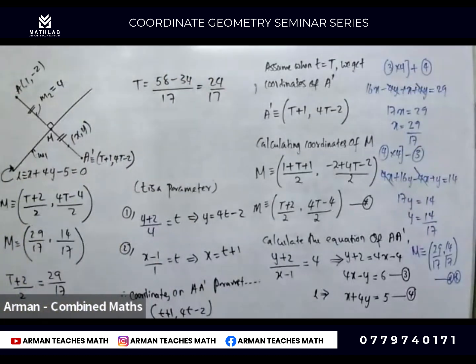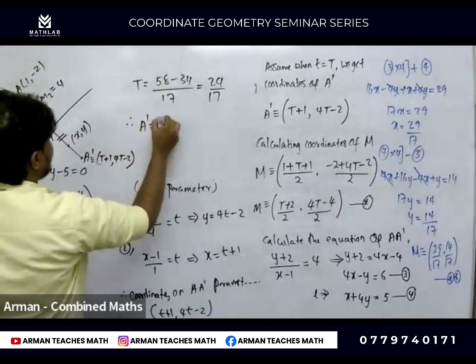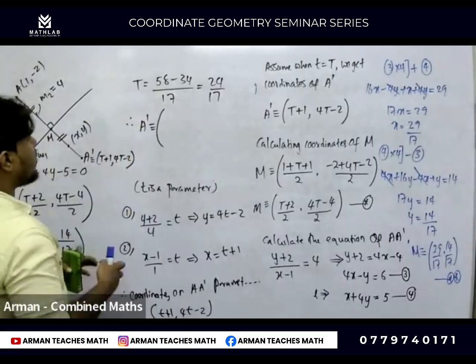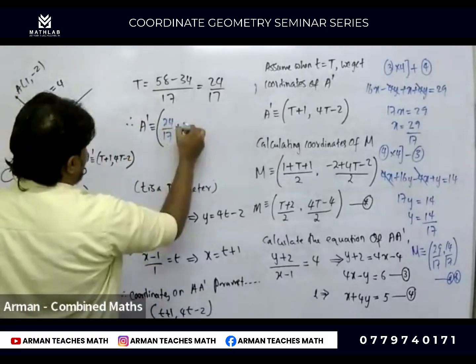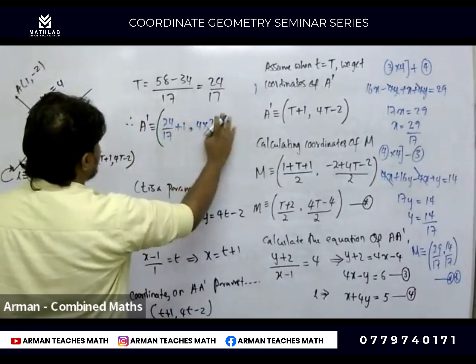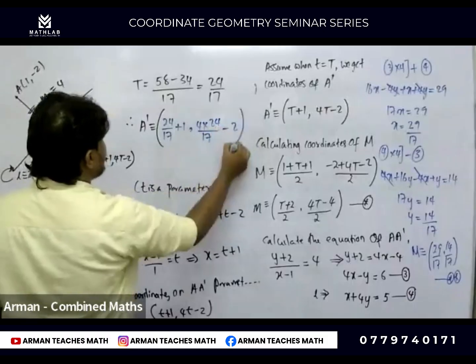Okay, 24 over 17. So now, therefore, A dash point's coordinates we get t plus 1, t is 24 over 17, plus 1, comma, 4 times 24 over 17 minus 2.